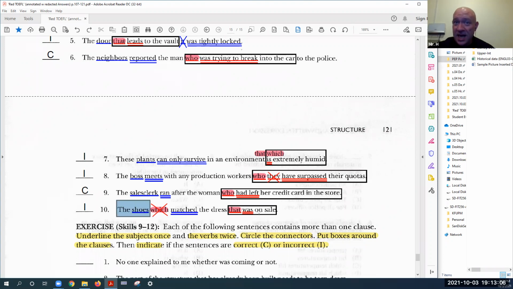This is not. This is singular, right? Why is this singular? Because does this describe the shoes, or does it describe the dress? Okay, got it. You got it? Yes. Thank you, Mr. Rich. You're welcome.